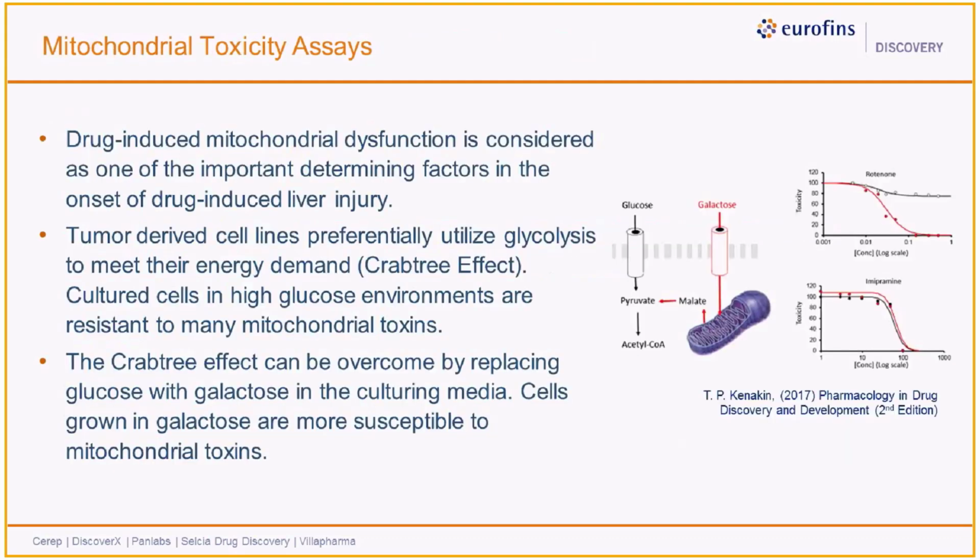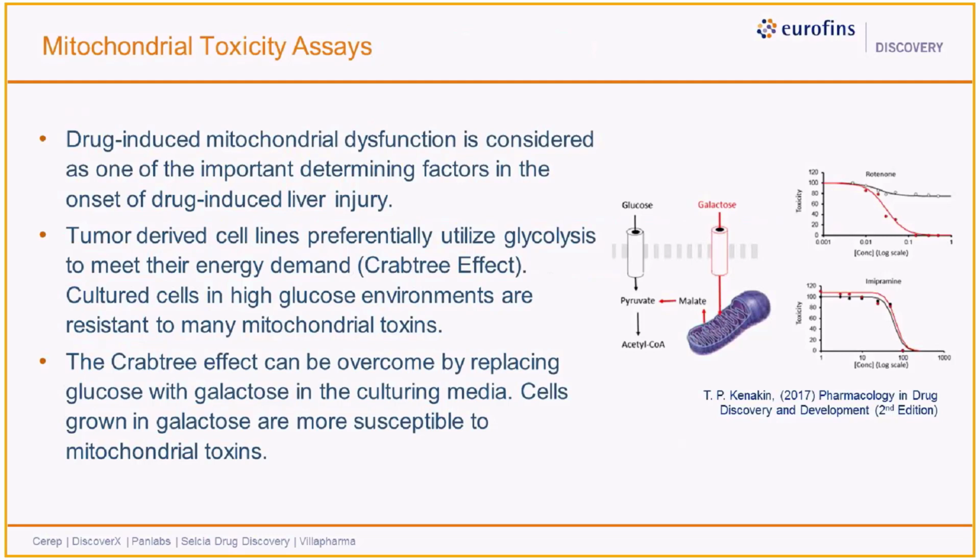Now I'm going to talk about the in vitro assays that assess mitochondrial toxicity. Drug-induced mitochondrial dysfunction is considered one of the important determining factors in the onset of drug-induced liver injury. Mitochondrial toxicity can be assessed by a set of cell viability assays in which HepG2 cells are cultured in medium containing either glucose or galactose.